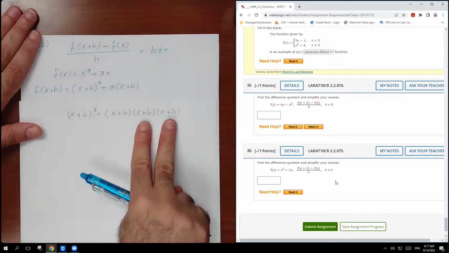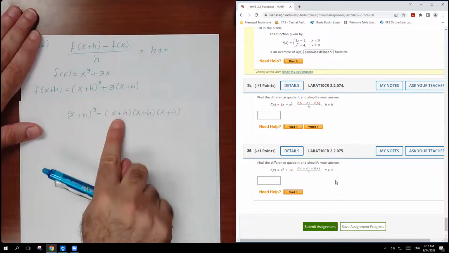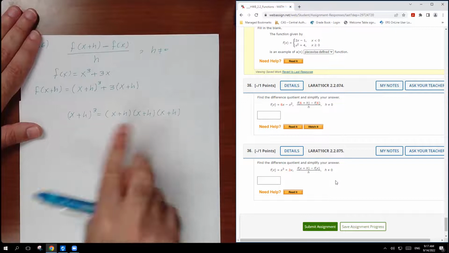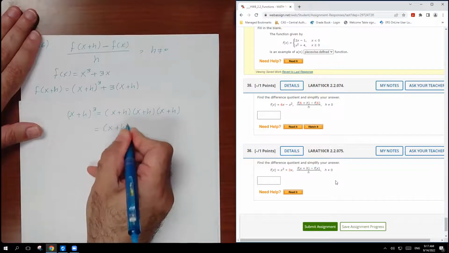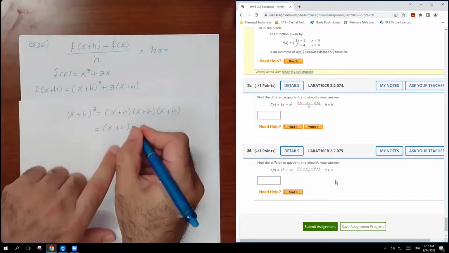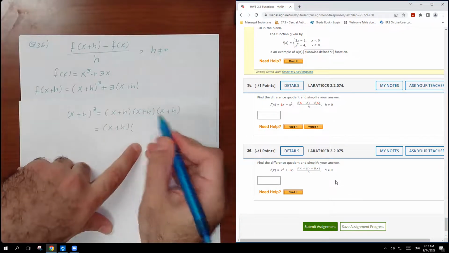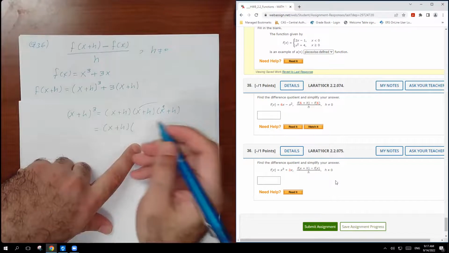FOIL these two parentheses, and then FOIL the result with the third parentheses. I'm going to say this is x plus h. Open another parenthesis. I'm going to FOIL this one. X times x is going to be x squared.